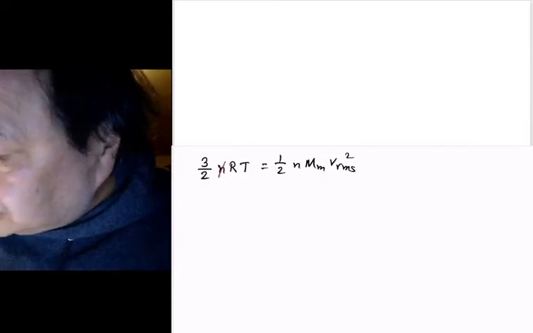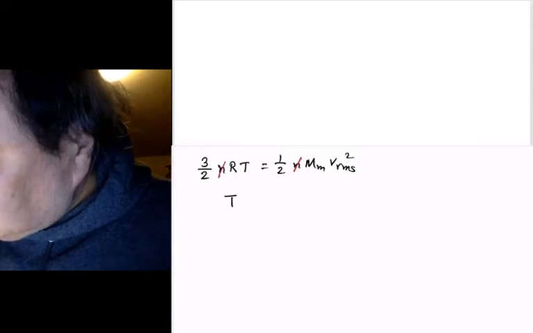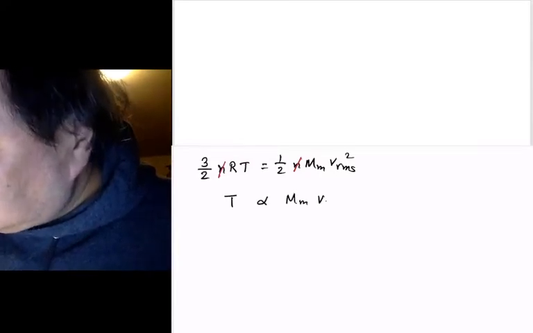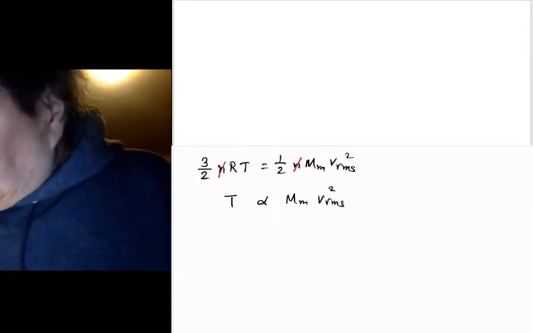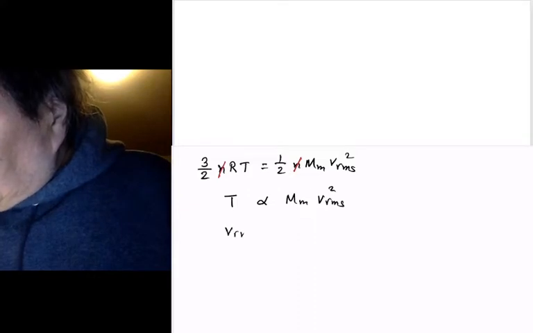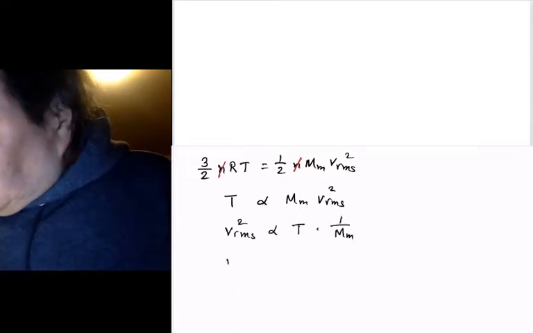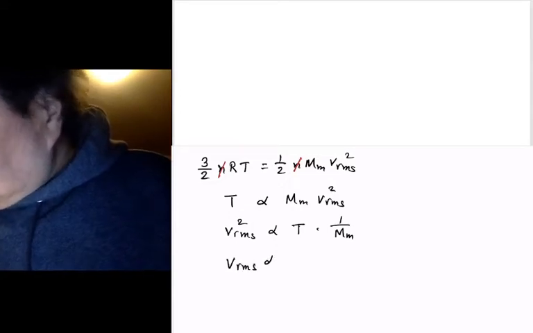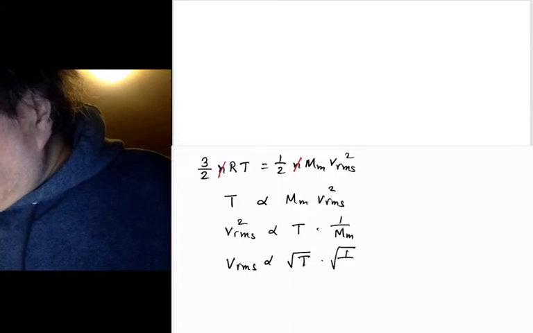The n's cancel, and as a proportionality relationship, T is proportional to mm VRMS squared, which means that VRMS squared is proportional to T times 1 over mm, and VRMS is proportional to the square root of T times 1 over the square root of mm.